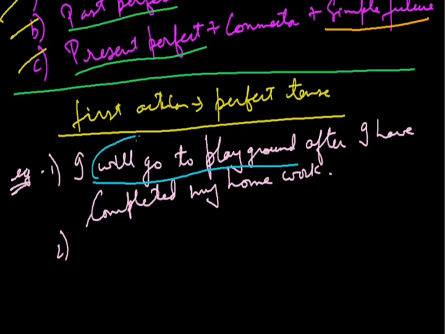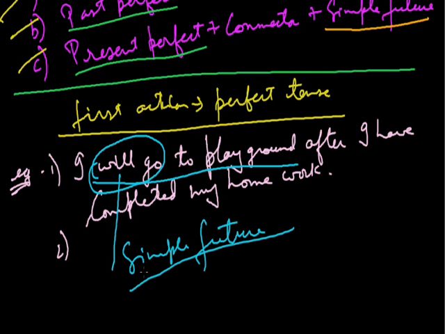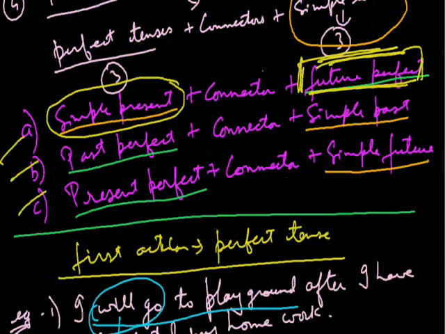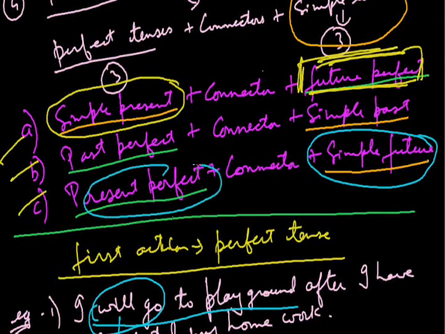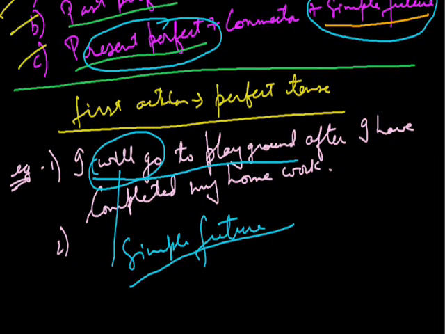That means I have used will go. It's in simple future form. Now, as discussed earlier, with simple future form over here, we will use present perfect tense. And it will be joined by a connector. So I will go to playground after, over here after is a connector.